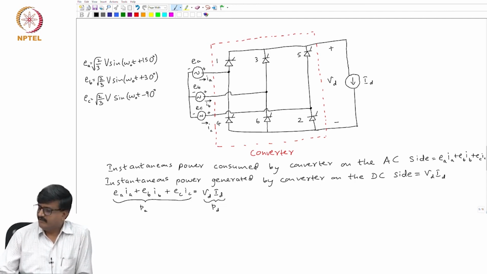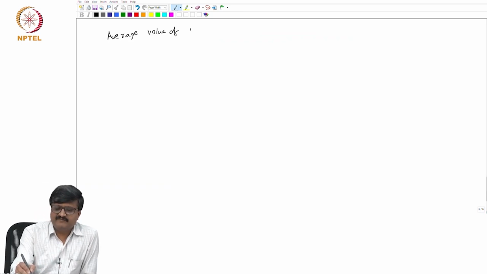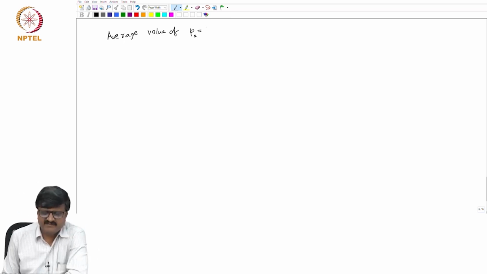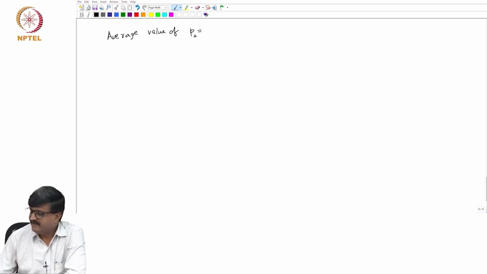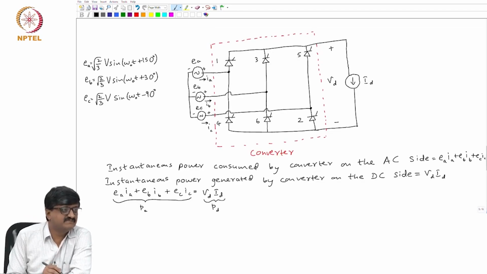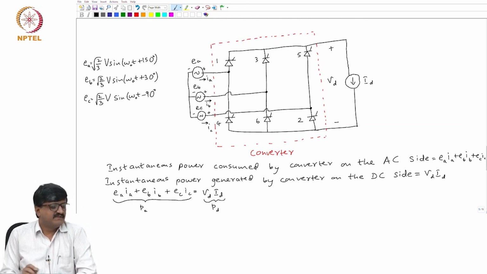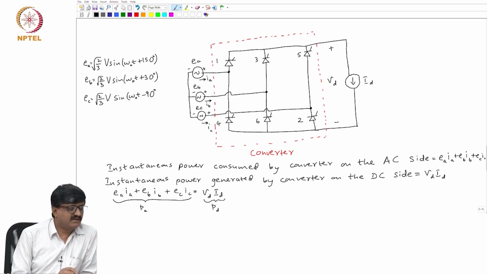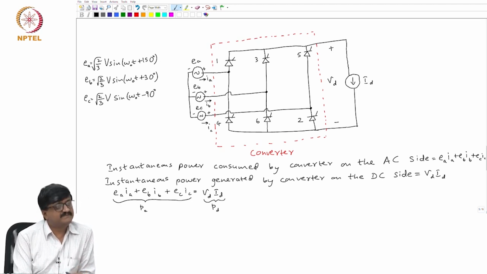But if I look at the average value of PA, can I write the expression for this average value of PA in terms of the RMS value of the voltage? Say the RMS value of the line to line voltage is V. Can I write this in terms of the RMS value of the voltage and the RMS value of the fundamental component of the current?